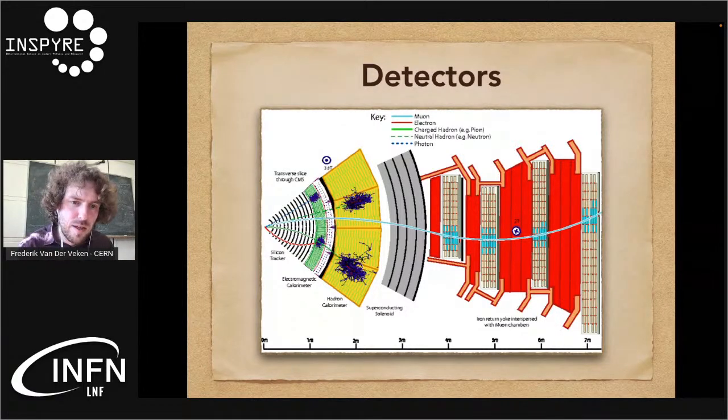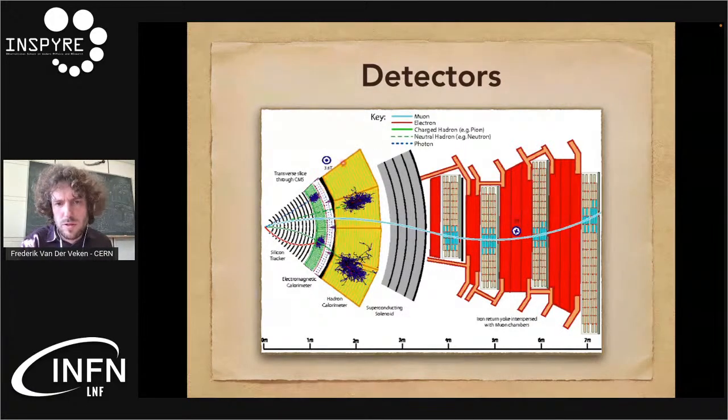So then we can start seeing, okay, no track here, some deposit here means neutral. The dashed line we don't see, but we can easily make that line because we know they were not bent. So light, not heavy, no charge: photon. Exactly, photon. Then this one, positive, bending down, going through this light calorimeter but still going through, so not absorbed.